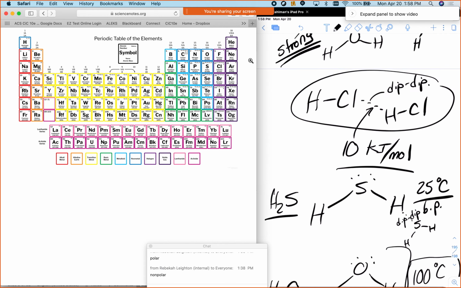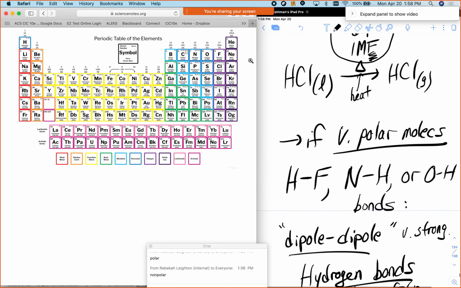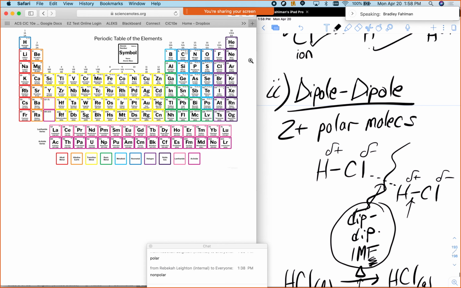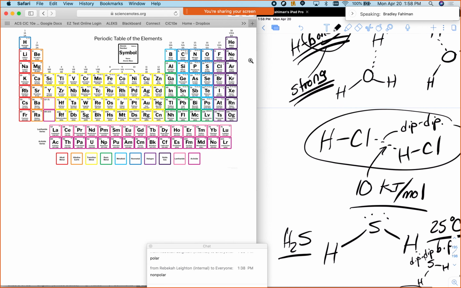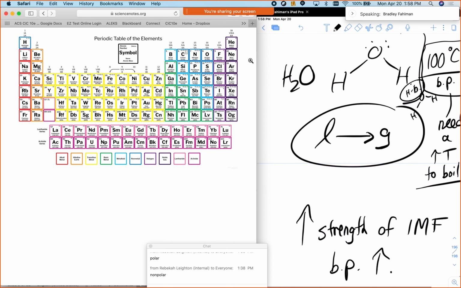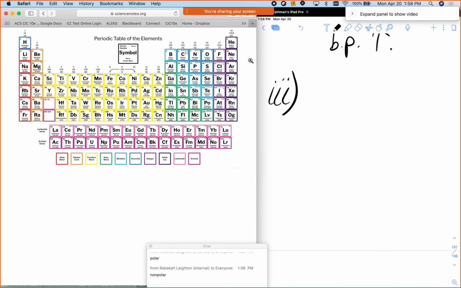Okay, so that is the second type, a subclass of two. And then really the only other one is the weakest. This is called London dispersion forces.